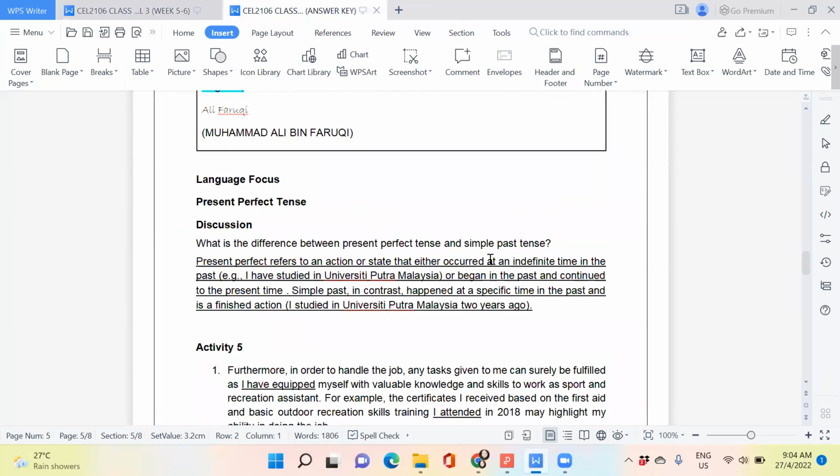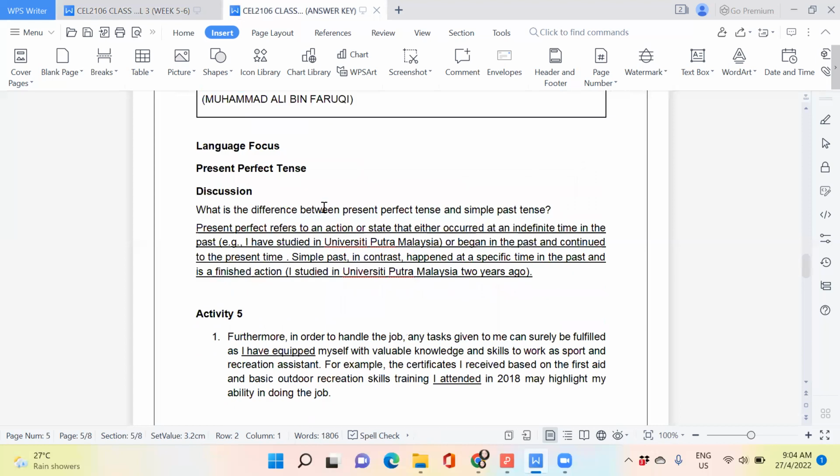Present perfect tense refers to an action or state, a condition, that either occurred at an indefinite time in the past. Indefinite means we do not know specifically when. For example, if I say "I have studied in University Putra Malaysia," it began in the past and continued to the present time.